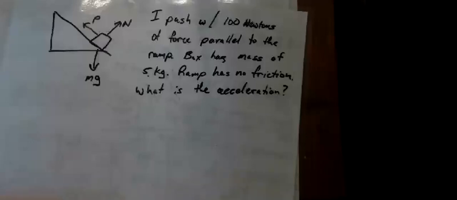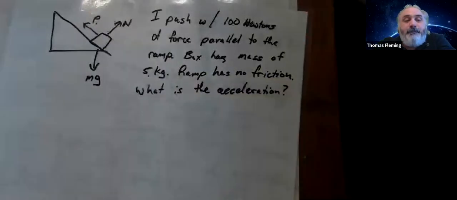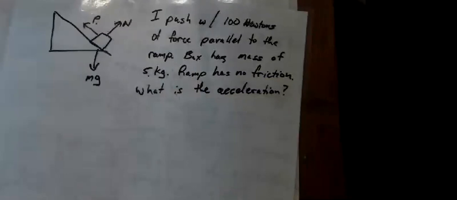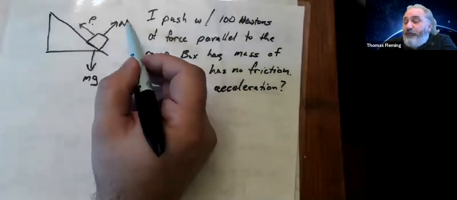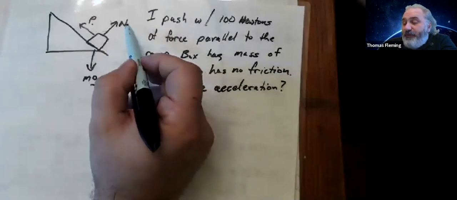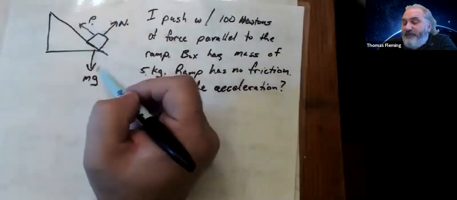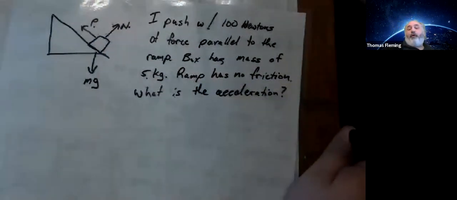Yes, the person who pushed it. Oh, but we already got that. Okay. What about the ramp? This is the force from the ground. So we got the ground, we got the person, we got gravity. Nothing else is touching that box. We're good to go. There's only 3 forces in this problem.